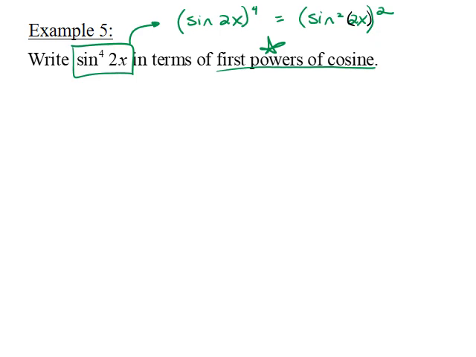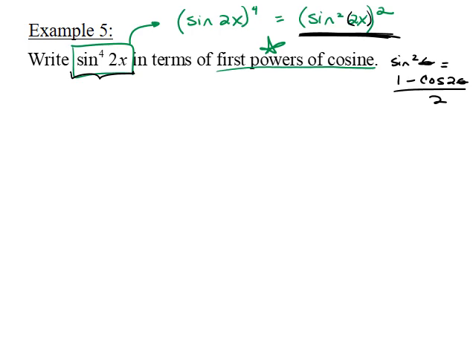Okay, the argument is not being squared. That stays as is. So if I am starting with this, because it's the same thing as what we're starting with, okay? So this here is the same thing as this, okay? I need to use a double angle formula. So I want to remind you that the formula is sine squared of theta equal to 1 minus cosine of 2 theta over 2.